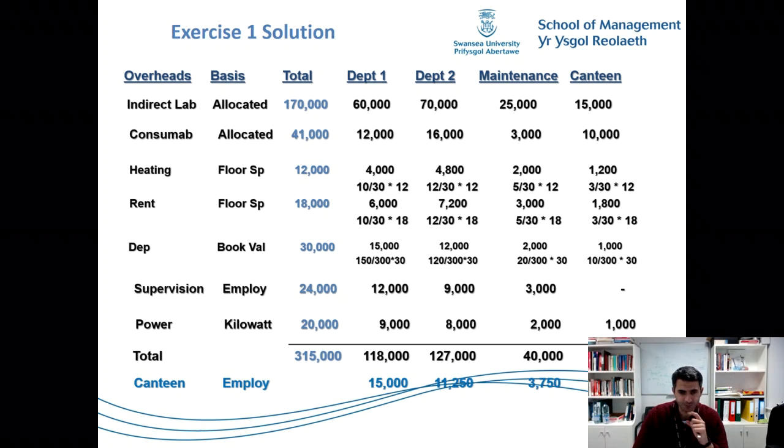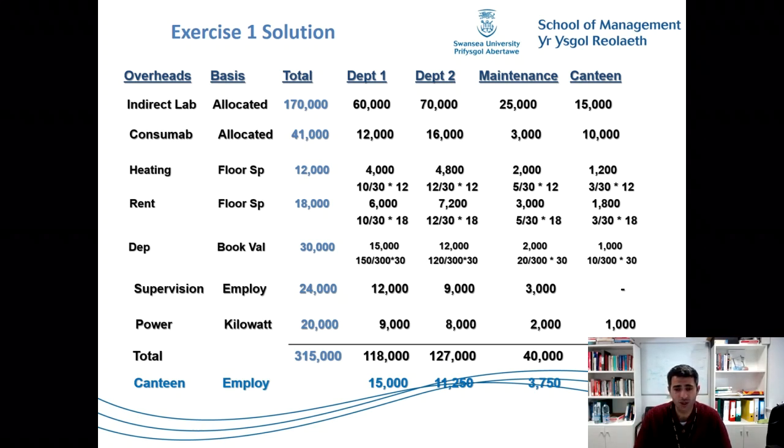Now, canteen, the basis is number of employees, and the total canteen is £30,000. So how to distribute £30,000 across Department 1, Department 2, and the maintenance?